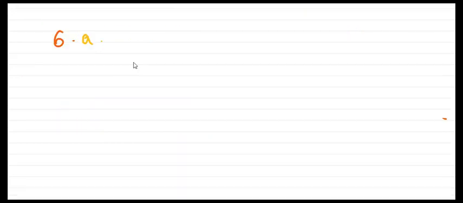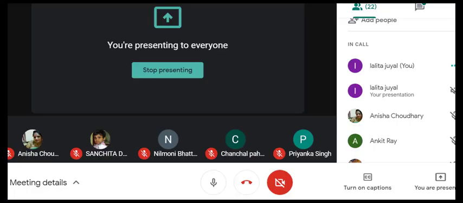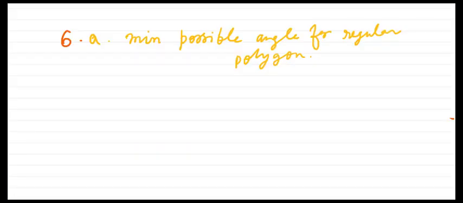Find the minimum interior angle possible for a regular polygon. How will we do this question? Rohit has already done it. Whenever you see a triangle, the angle is 60 degrees. If you move ahead to another polygon, a square, the angle is 90 degrees.